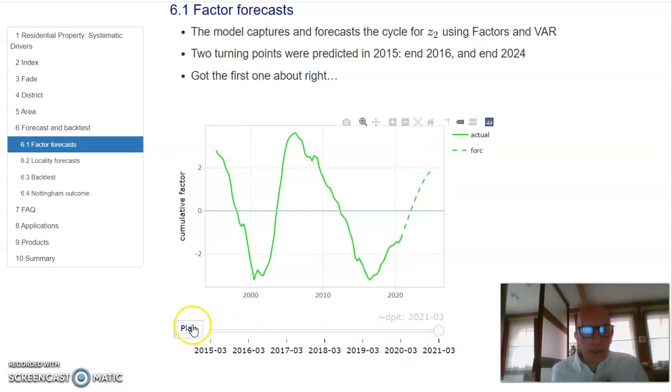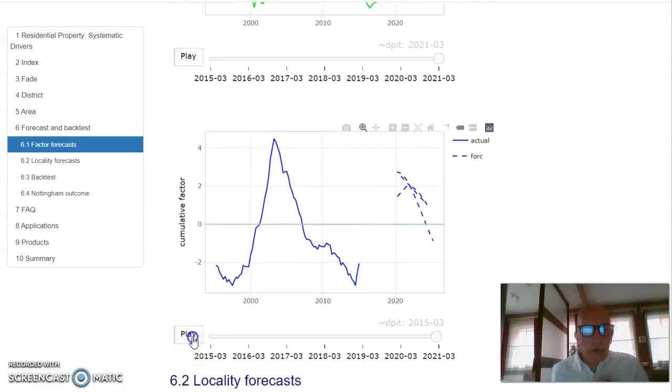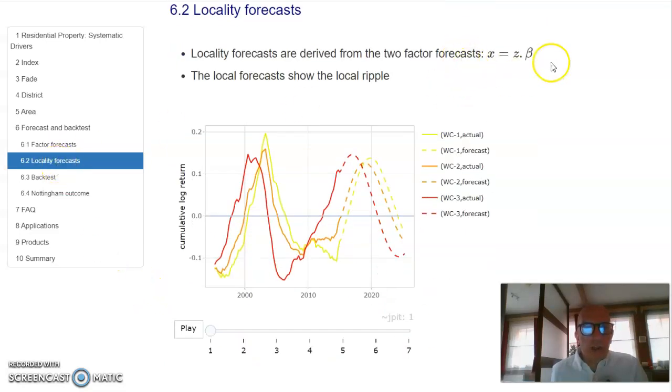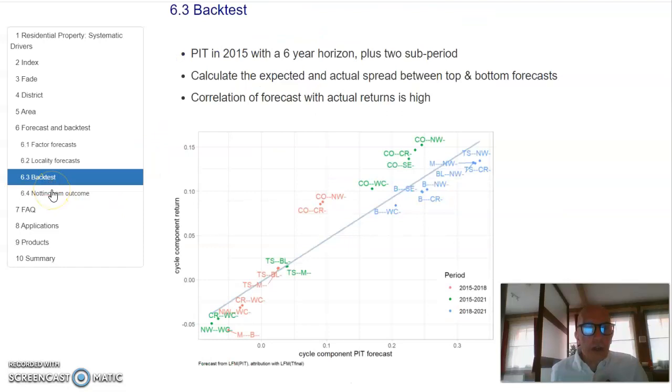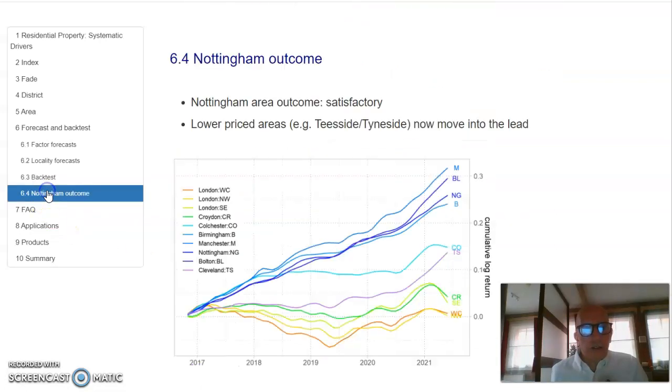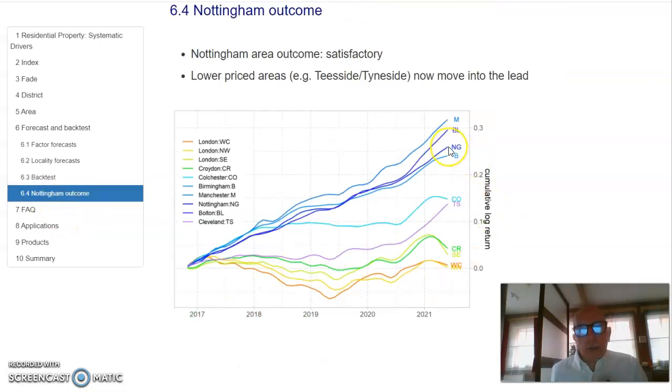We got a pretty good representation of what happened for factor 2 and then for factor 3. And then we feed those factors through the sensitivities, the betas, to get an entirely consistent set of forecasts. And the back test has done pretty well. We've managed to forecast the spreads very well. And we also got the fact that Nottingham was going to outperform London by a significant amount.